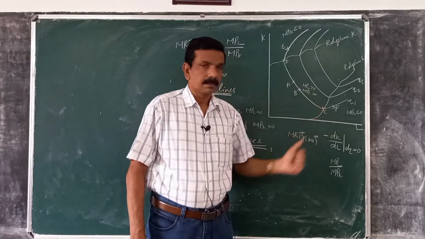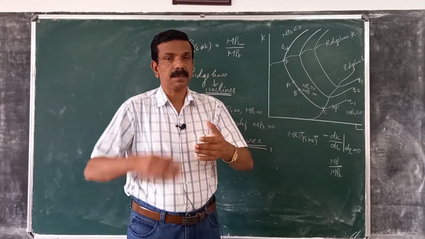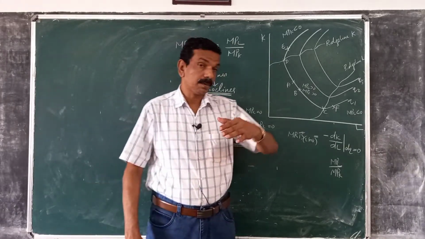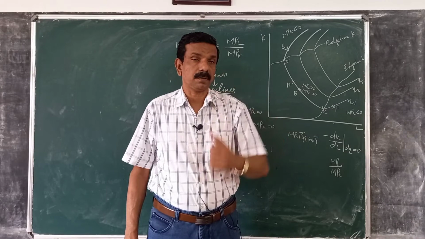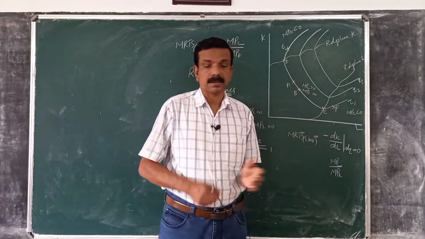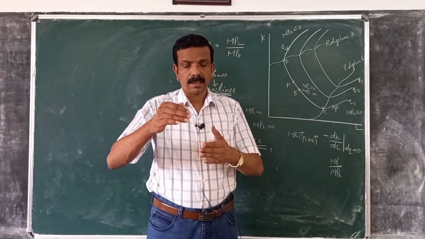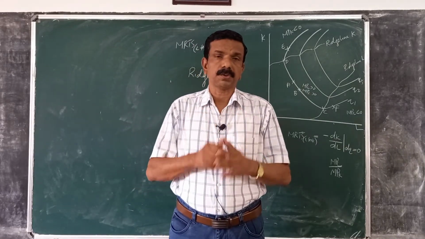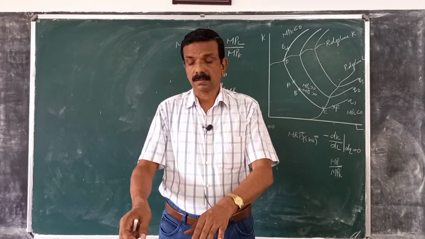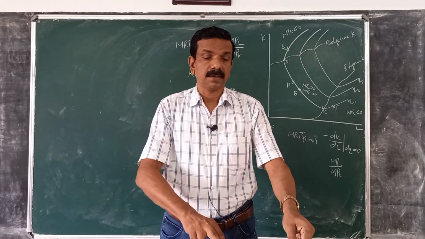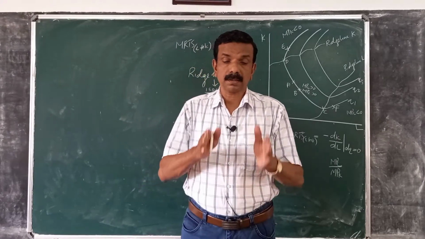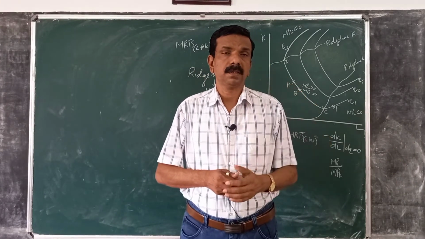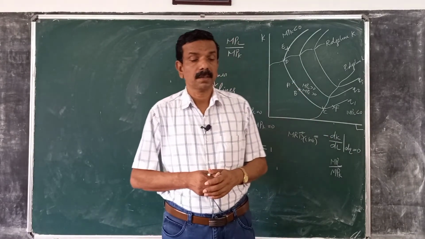Slope is negative, slope becomes less negative. That means slope increases, whereas MRTS is the absolute value of the slope, so MRTS decreases. And this is analogous to the relation between marginal rate of substitution and strict convexity of indifference curves, which we have discussed in the context of indifference curve analysis.